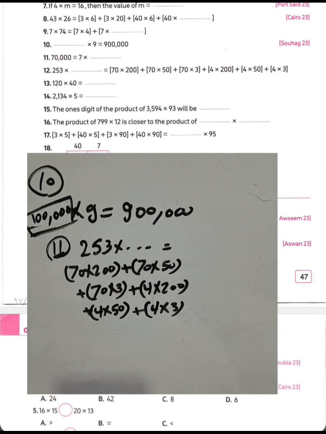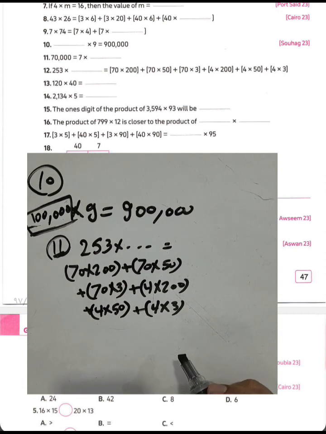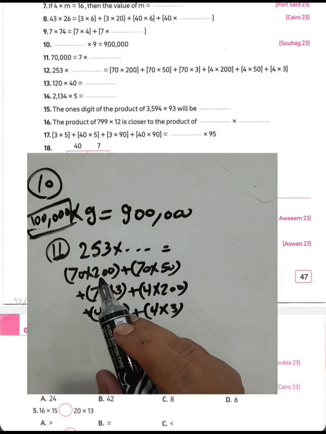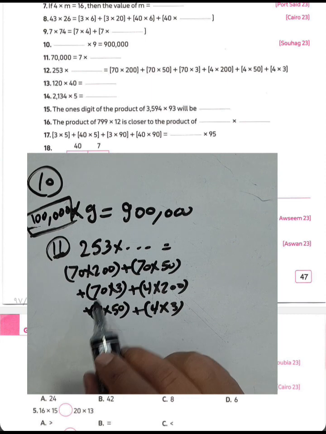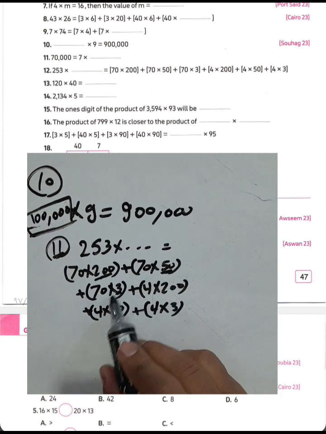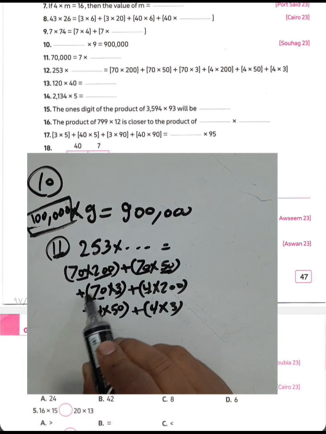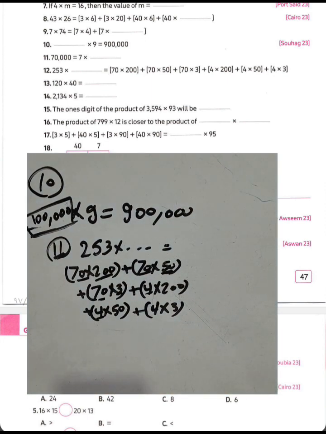The result will be 70 plus 4, which is 74. Then you must write in this space 74, because 70 plus 4 equals 74. Understood? He used here distributive properties about 253 and 74. Write 74 in the space.